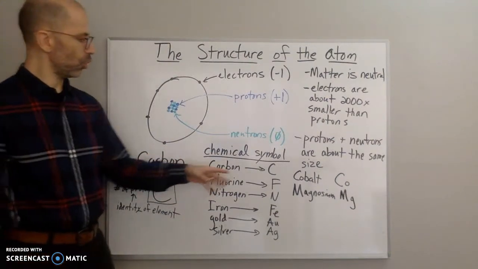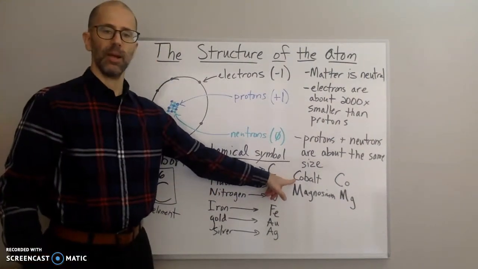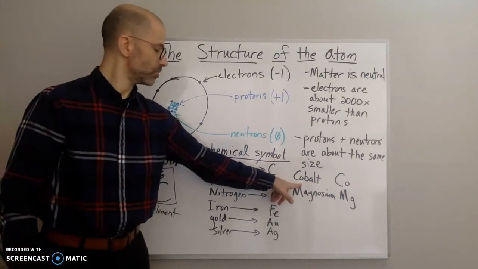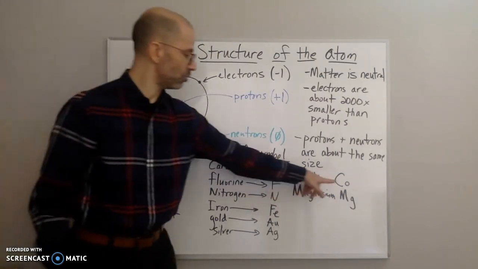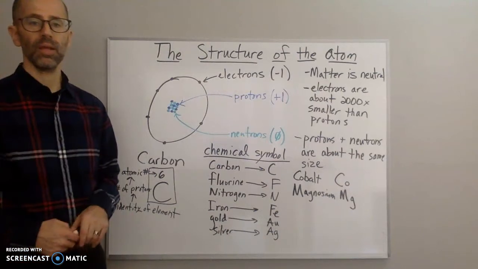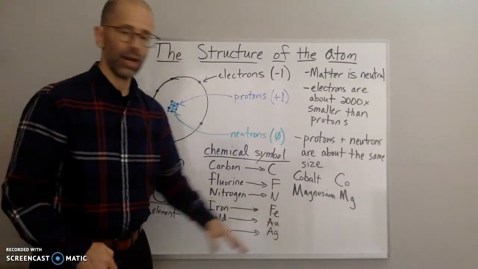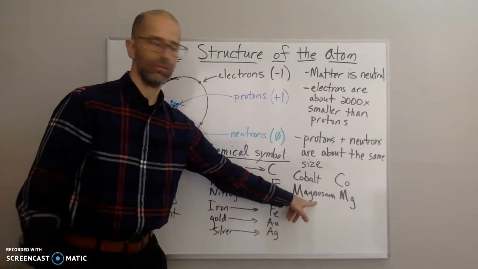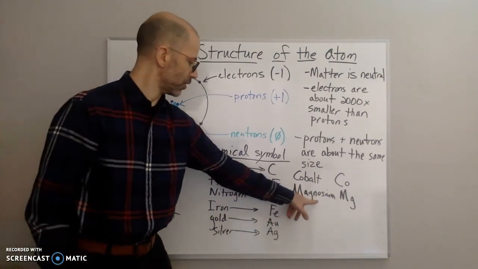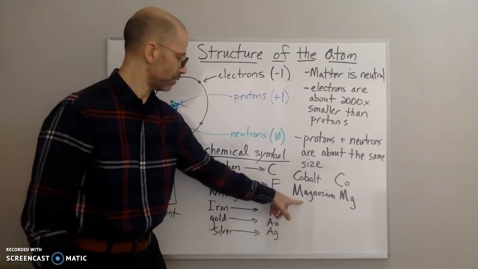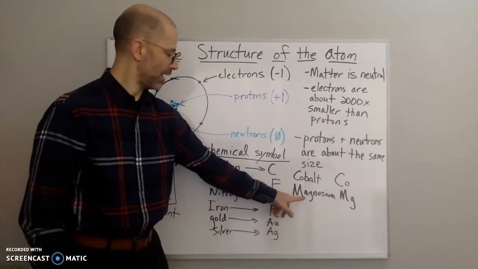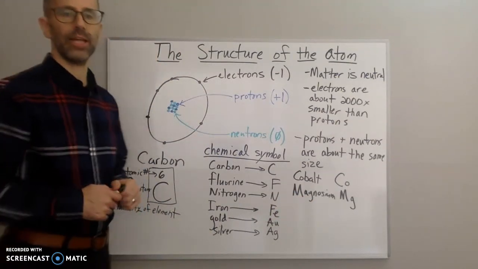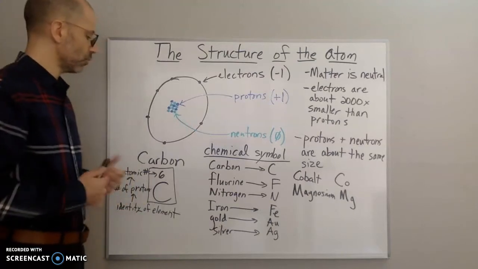And one thing you'll notice is that sometimes the second letter is the second letter in the name. So here's capital C-O, but not always. So for example, in magnesium, you have capital M and G, not M-A. Okay, so there are historical reasons for that. We're not going to get into it.